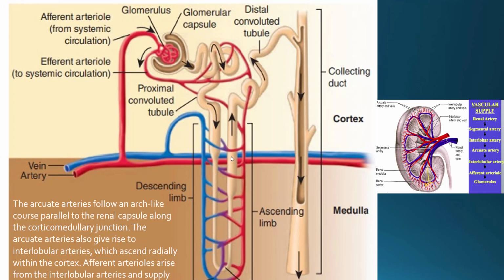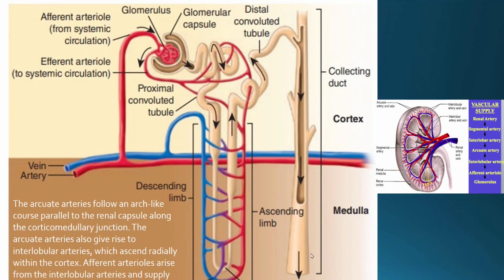The descending limb is thin and the ascending limb is also thin at first, but when it enters into the cortex, it has a thick part. So the descending limb is thin, and part of the ascending limb is thick. Beyond the thick loop of Henle, the distal convoluted tubule starts and ends at the collecting ducts.